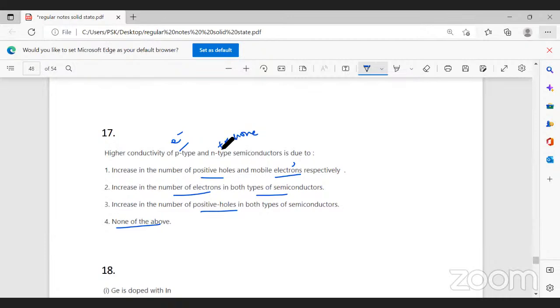Therefore, an increase in the number of positive holes and mobile electrons respectively are the reasons for higher conductivity of the semiconductors. Therefore, the answer for this question is option 1. Clear?